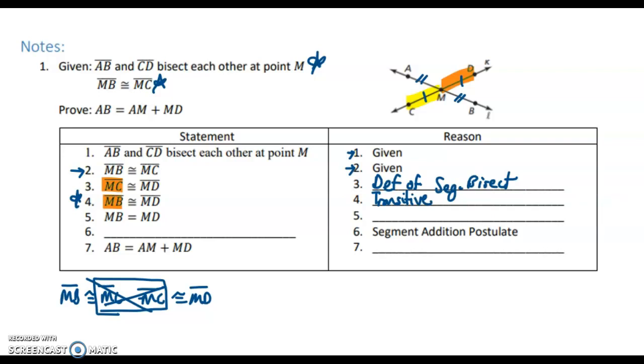Okay, so now let's take a look at line 5. Once again, we're going to see what changed from line 4 to line 5. Line 5 says MB is equal to MD. Look back at line 4. The difference is there's no line segment on the top, and it's not congruent. Now it's equals. So literally it's the same thing. It just switched from congruent to equals.